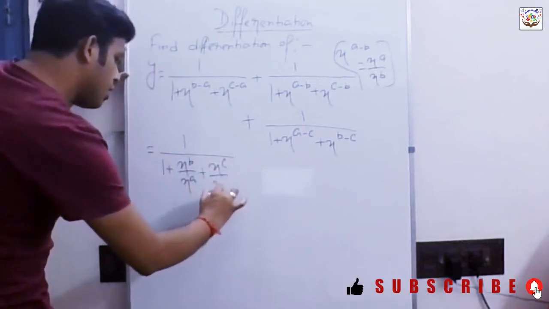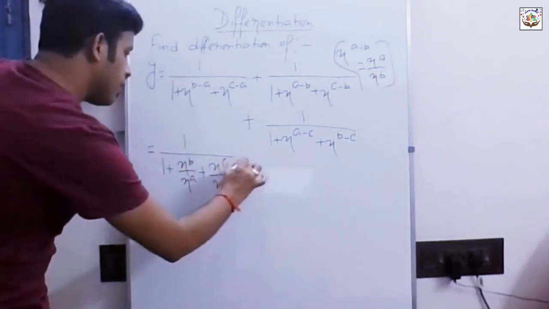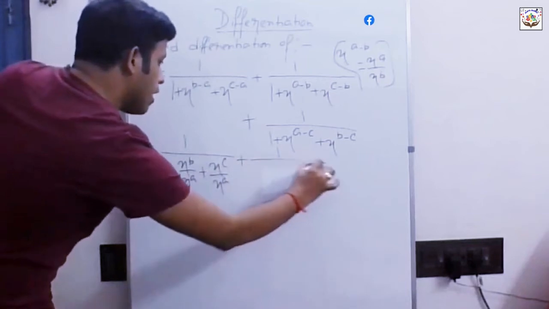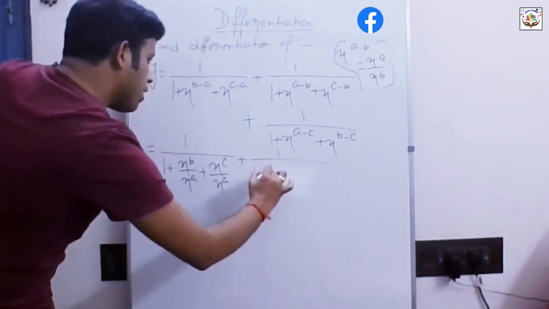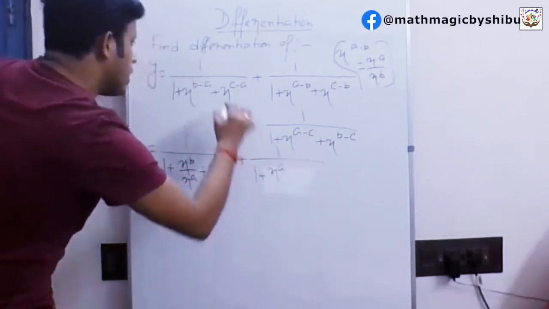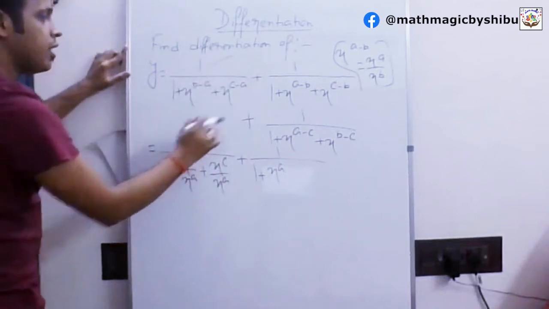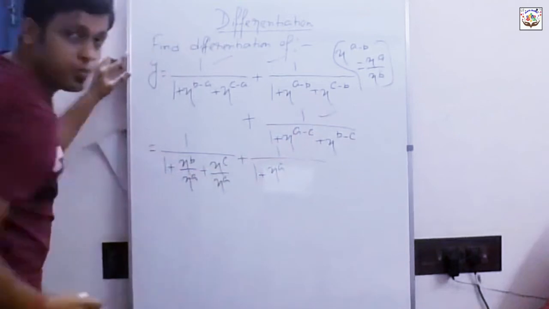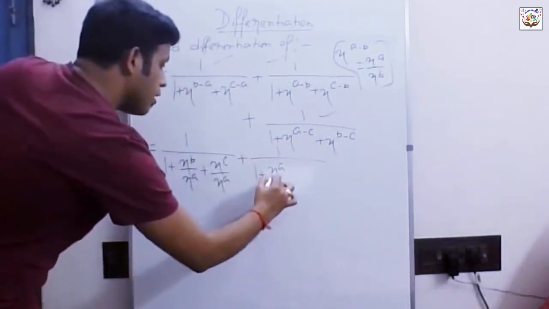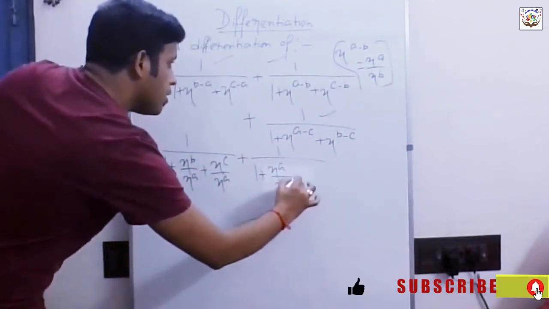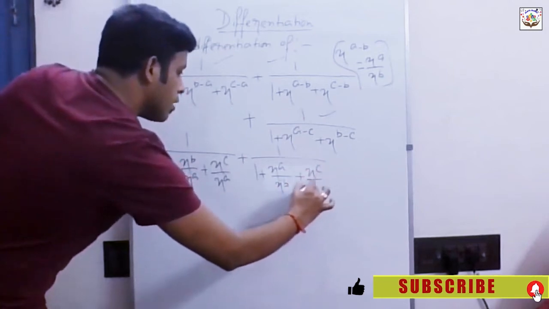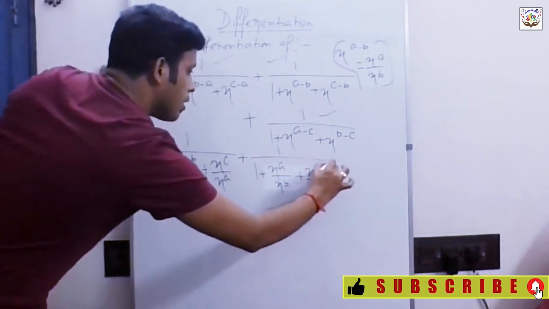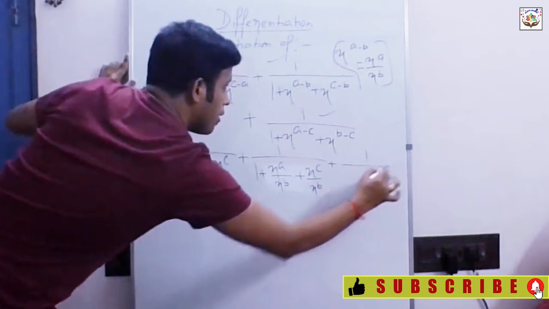x to the power c by x to the power a plus 1, divided by 1 plus x to the power a. So I have expanded the first term, then I am expanding this one, then at last I will expand this part, by x to the power b plus 1.